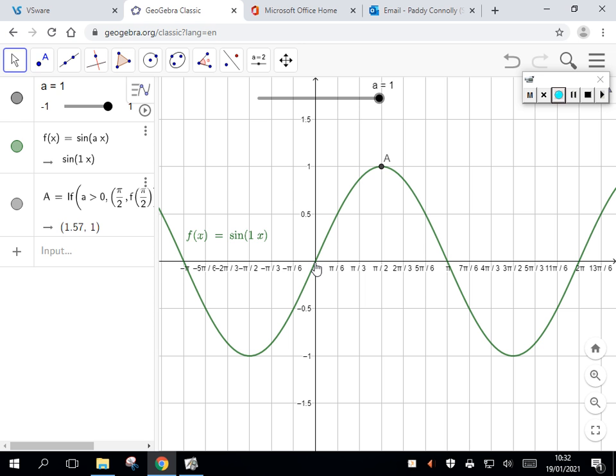Y-intercept at 0, increasing. Also it's concave down, or a sad face. Increasing, still a sad face. Then we get to our maximum value of 1, when x is pi over 2. And then it starts decreasing, still a sad face, or a concave down section of the curve. Then we have a root at pi, and there's a change in concavity to a happy face, or concave upwards.